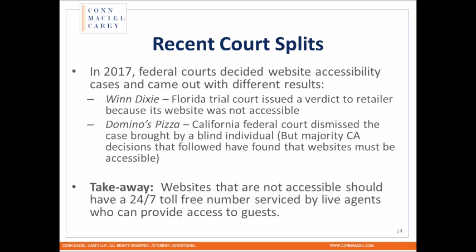So I just would echo what Kara has said about the need to explore the cost of enhancing website design, the options available, and seeing if there might be some middle ground, that at least would not avoid lawsuits, but would protect you to some degree. And one comment I did want to make was regarding the Domino's Pizza case. That was a really good decision for businesses, finding that there was essentially a due process concern by the defendant.